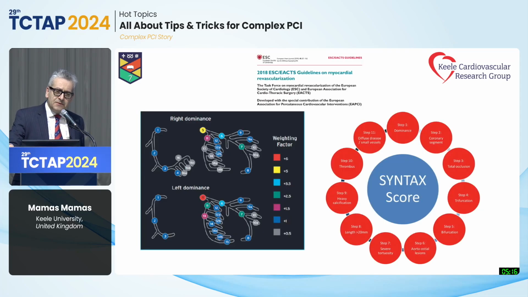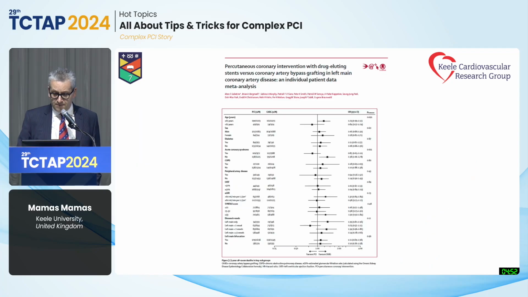And so there are many ways of defining complex PCI, and some of them have really just focused on anatomical complexity. And one of the major descriptors of anatomical complexity, of course, is the SYNTAX score, which takes into account things like dominance, whether there's a total occlusion, whether there's a bifurcation, whether there's tortuosity, calcification, and so forth.